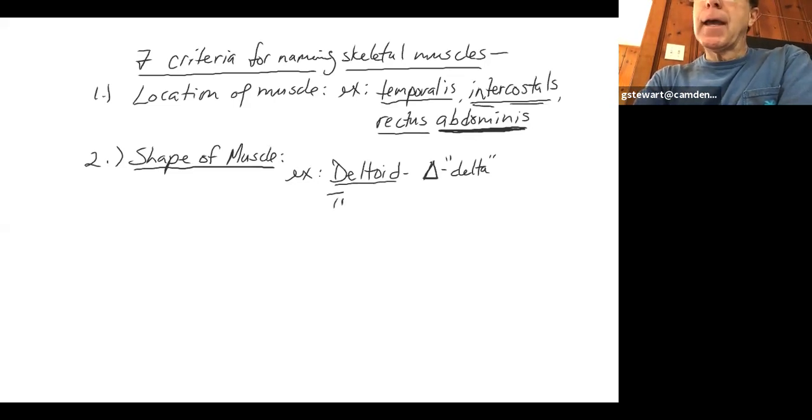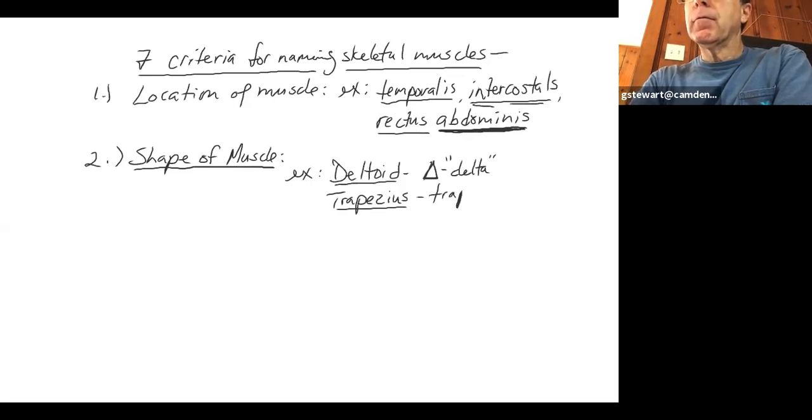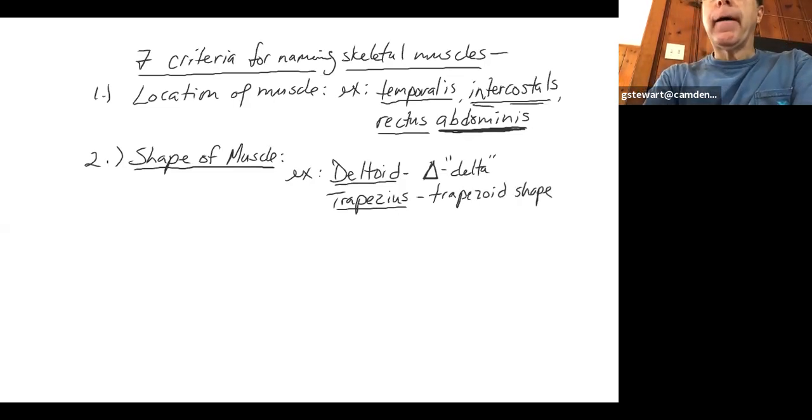Another classic example of shape is the trapezius. That is trapezoid shape. That is the muscle, in case you didn't know, in your upper back. I'm just going to draw a little cartoon figure here.